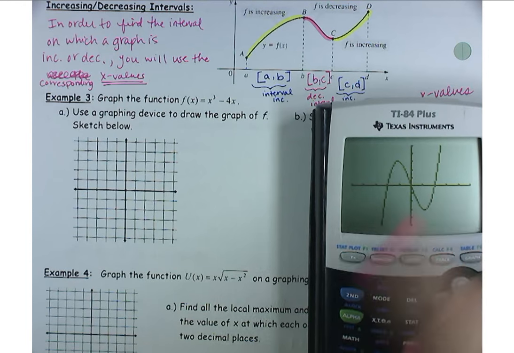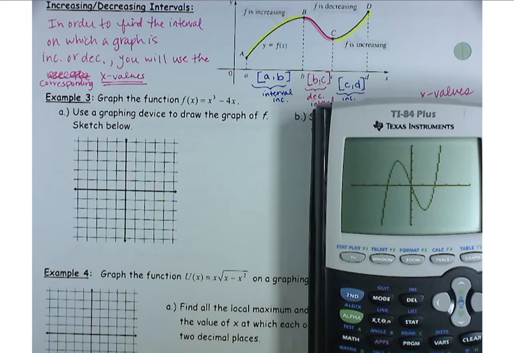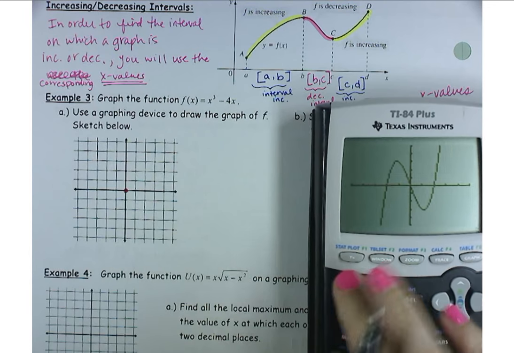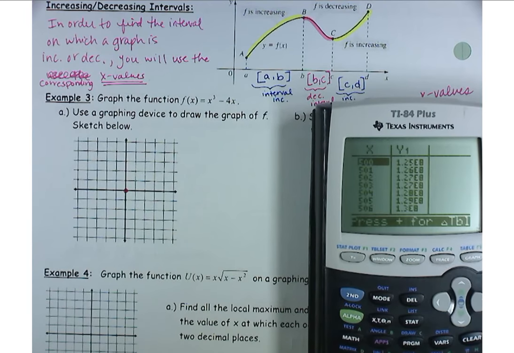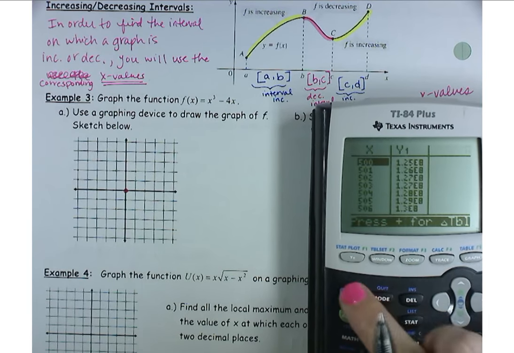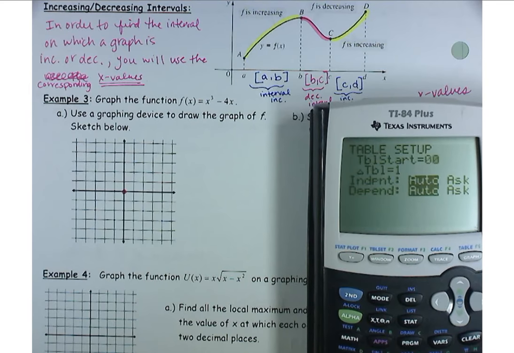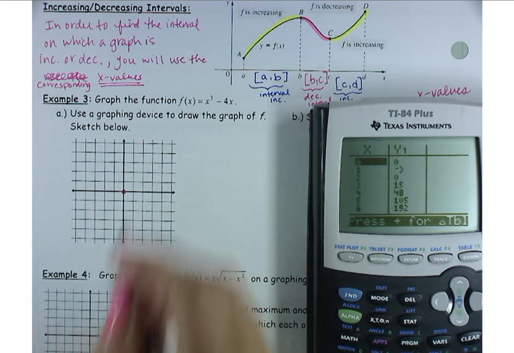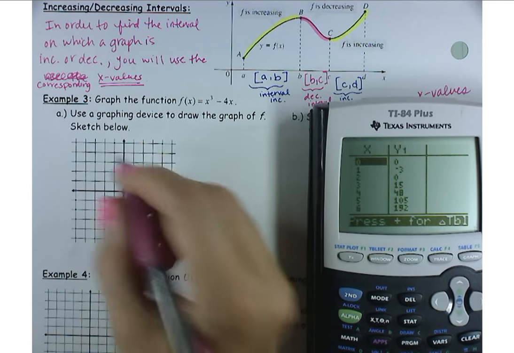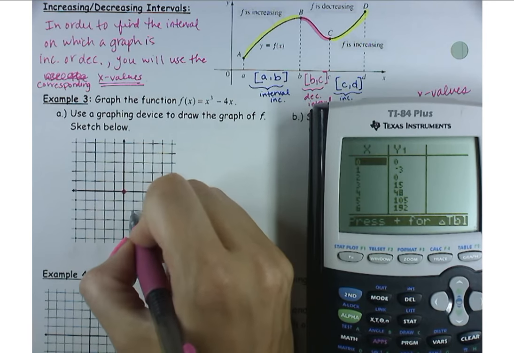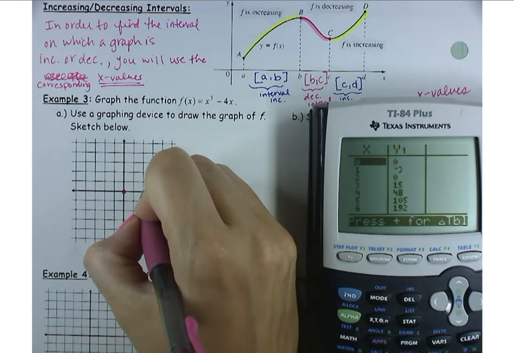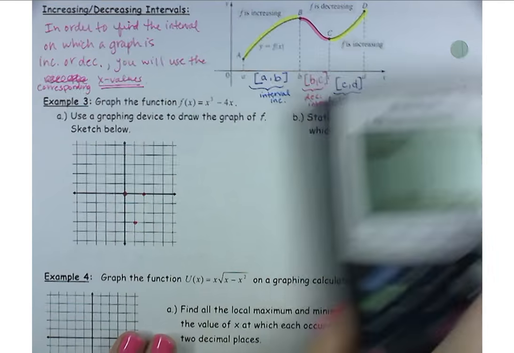I can see I have a point here at 0, 0. I'm going to use my table to find some other points. Going back to my table set, at 0, I'm at 0. At 1, I'm at -3. And at 2, I'm at 0. And then at 3, I shoot up to 15.